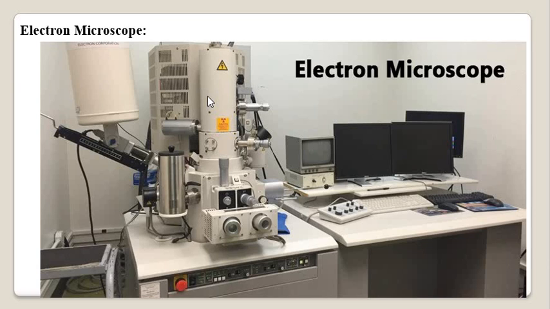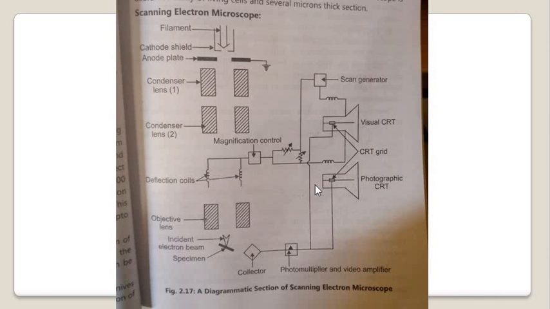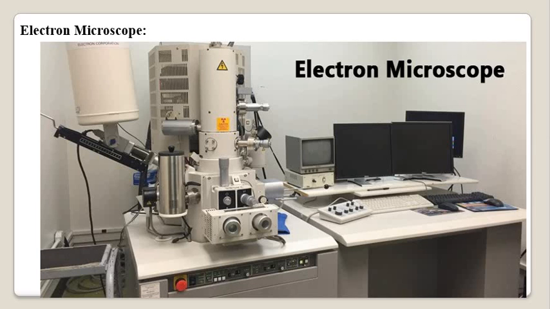So these coils correspond to, let me show you something. Filament, cathode shield is there. This is the anode plate, spectrum, objectives. Okay, this is a scanning electron microscope. All right.